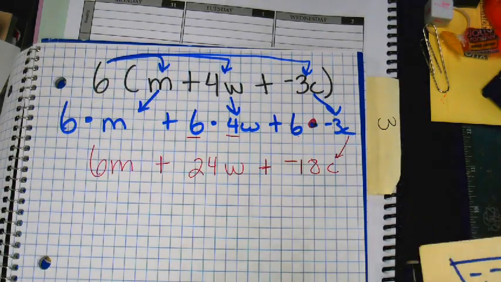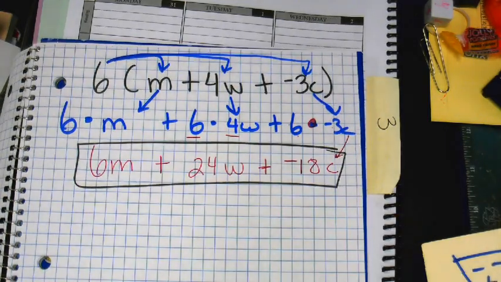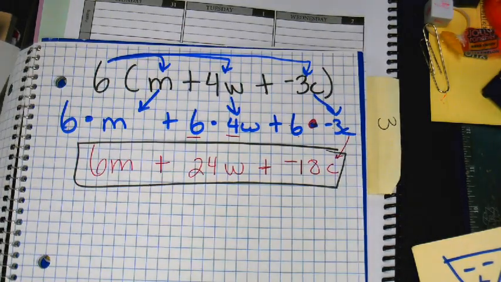Your answers will look like you're not done. How do you solve it? You can only solve this if I let you know what M, W, and C equal. In this problem, I would have M equals 5, W equals 2, and C equals 1. Then you go back and plug them in.